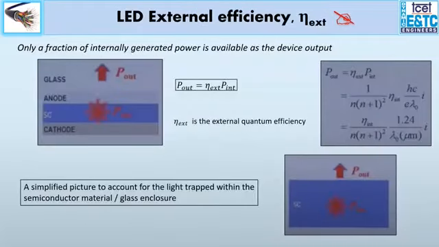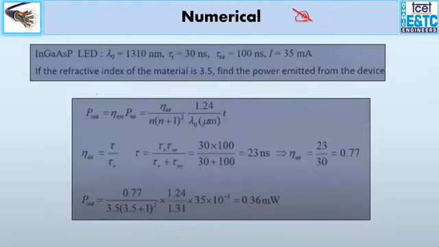Using this relationship, one more problem that can be asked is an indium gallium arsenide phosphorus LED. Your lambda 0, tau, tau NR and I is given. If the refractive index is 3.5, the power emitted from the device, P out, is to be calculated. I think P in you need to first calculate, and then eta, and then P out you will get.